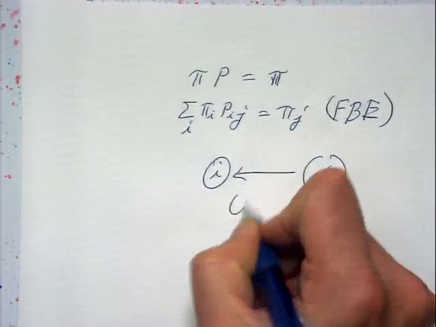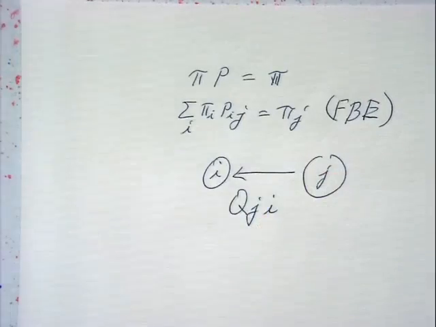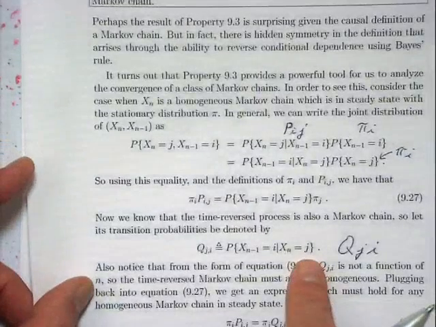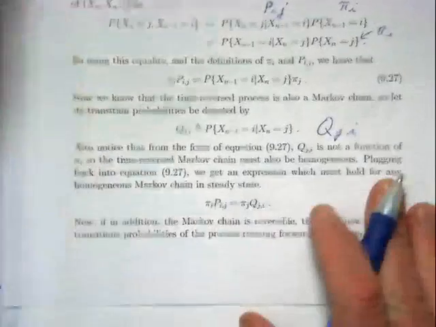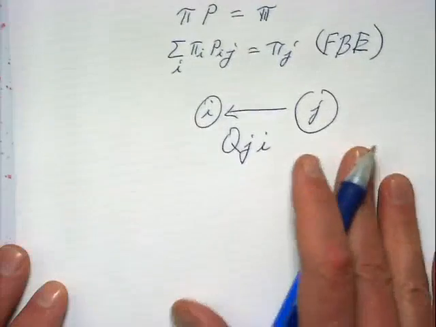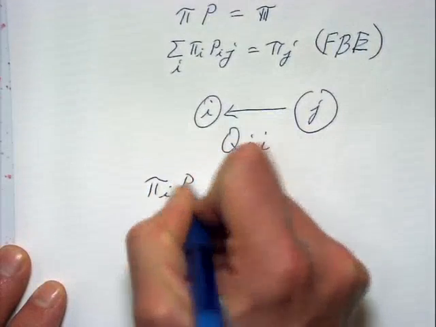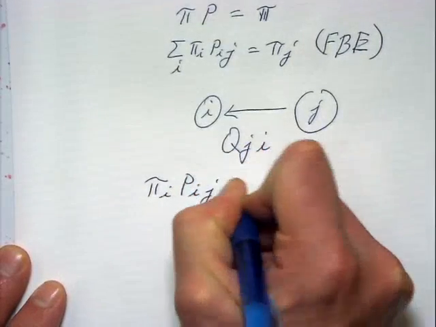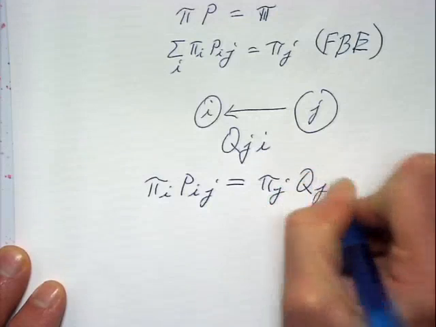So if we use that notation, we get this result right here. I'll just write it out: pi_i times P_ij must equal pi_j times Q_ji.